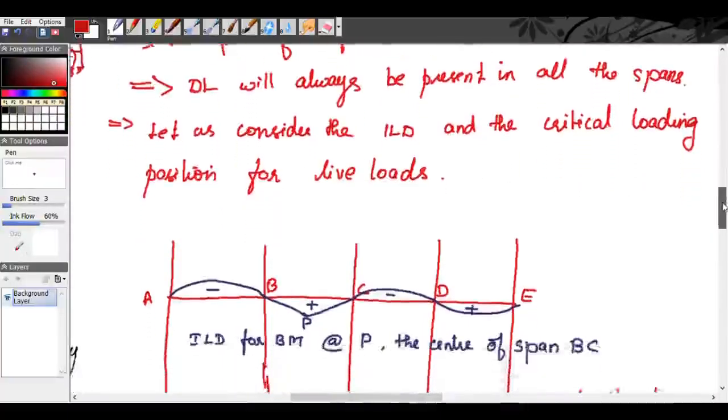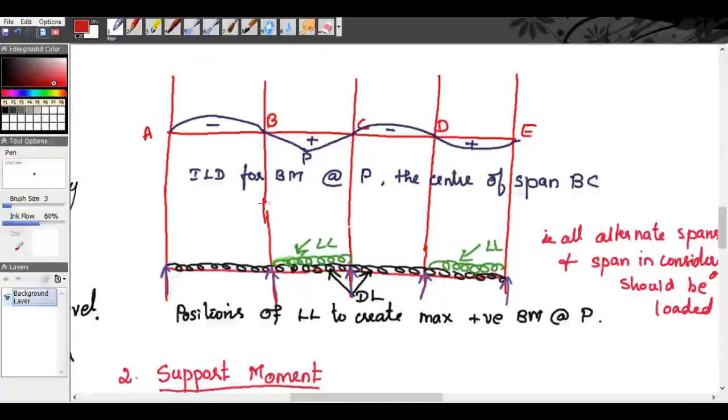So the condition for the span moments, when you are having a continuous frame, and we are now considering the span BC. For this span BC, you will have the maximum moment when there is a live load in the span BC.